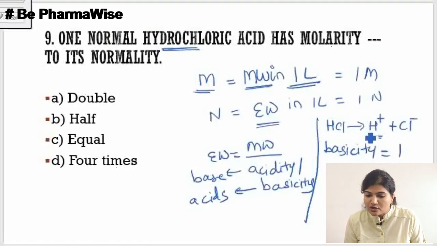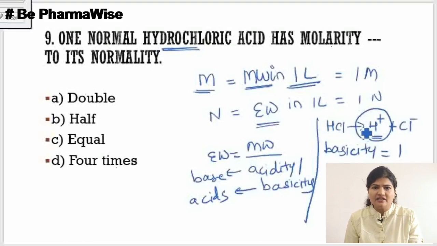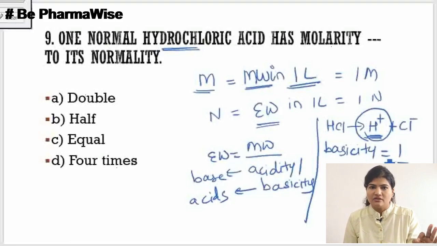It is the number of H plus ions produced by the acid, and in turn how many base moieties it can neutralize. So if it produces one H plus ion, it can neutralize one OH minus ion, so the basicity is 1. It is a very simple thing to remember, that the number of H plus ions will be the basicity of the acid.